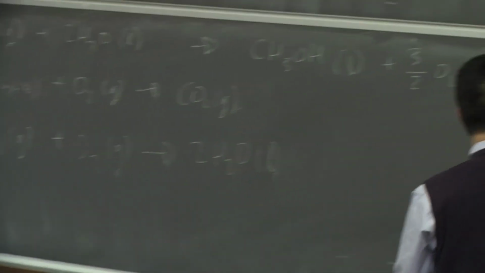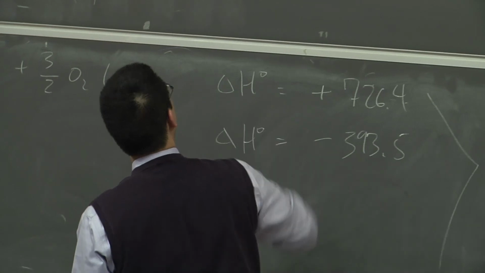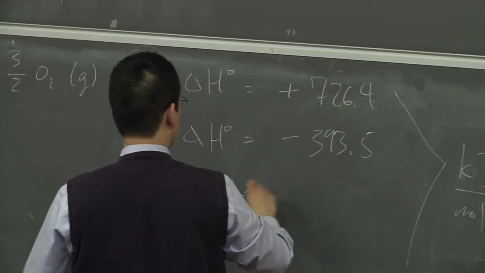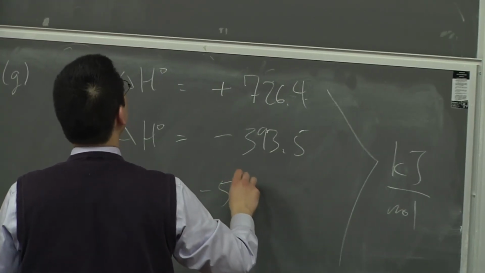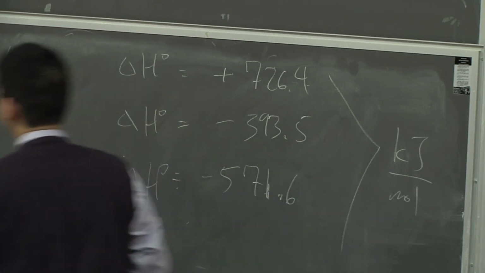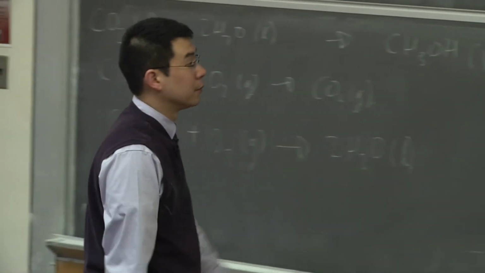And the delta H for that is going to be 2 times 285.8. And what's 2 times 285.8? Negative 571.6. And that's still negative because I didn't flip it.